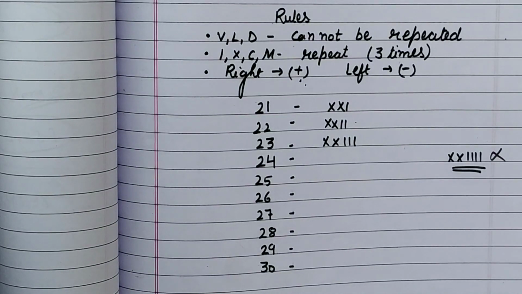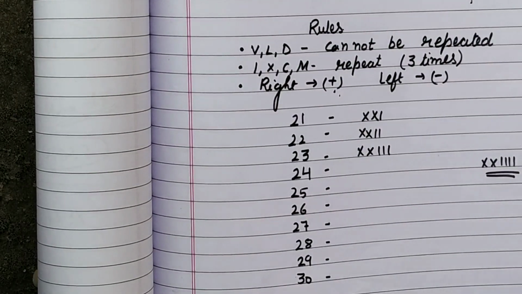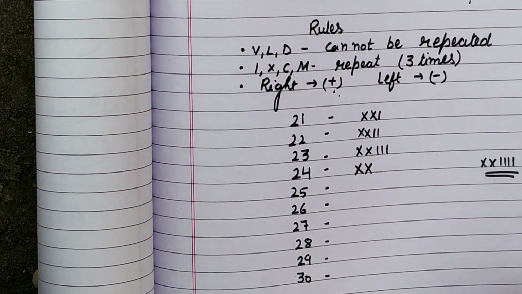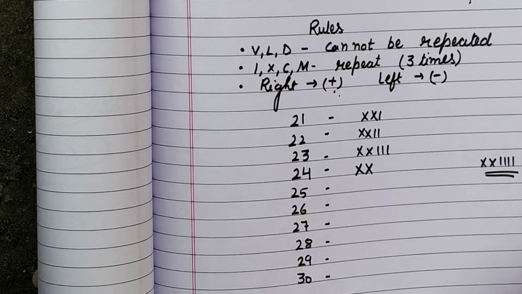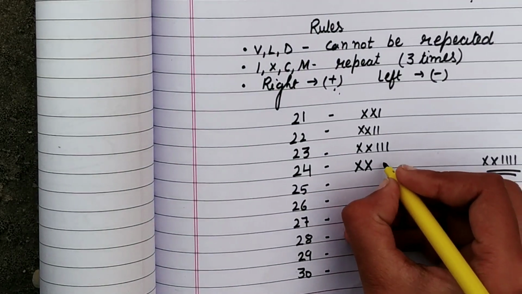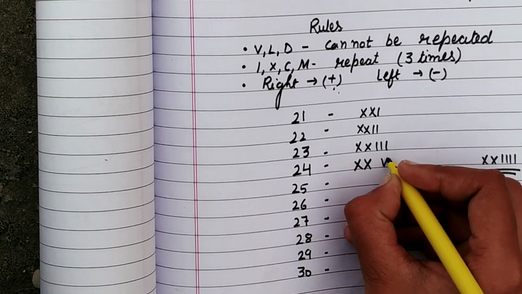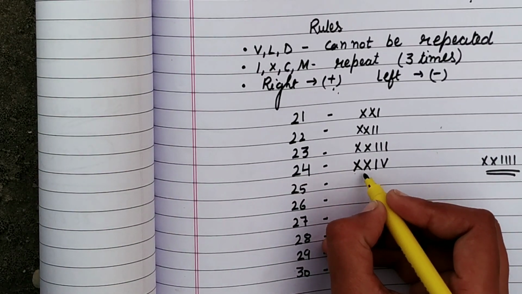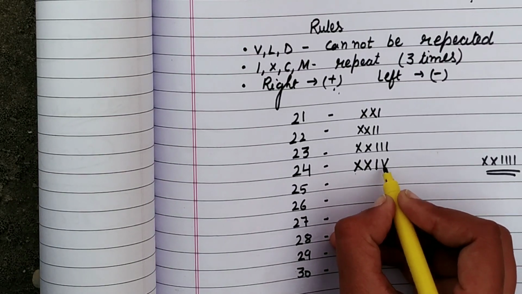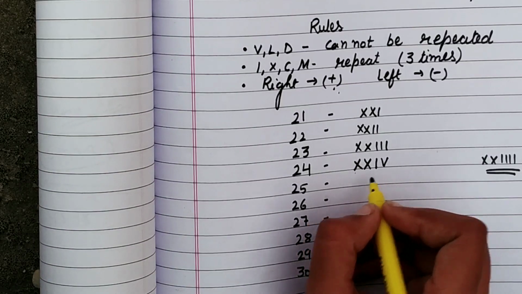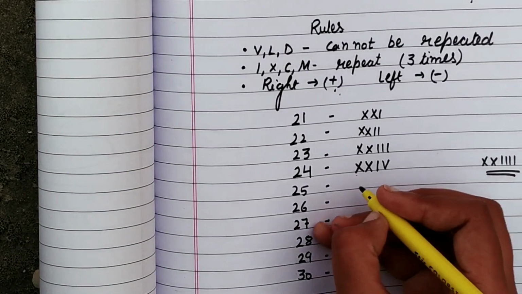Use your mind. See, 20 I can write like this only. How to write 4? I told you yesterday also, 4 I can get by subtracting 1 from 5. So it is my 20 and this is 4. I have subtracted 1 from 5. So I got 4. So 20 plus 4 is 24.